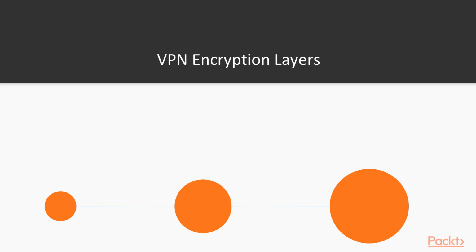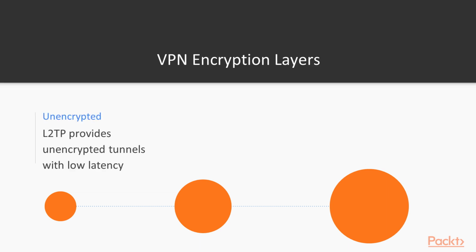We use encryption layers. Now we have, as I mentioned, three general types of virtual private networking software in pfSense, and the lowest level is the Layer 2 tunneling protocol, and that provides unencrypted tunnels with low latency and low overhead, but no encryption and limited authentication methods.